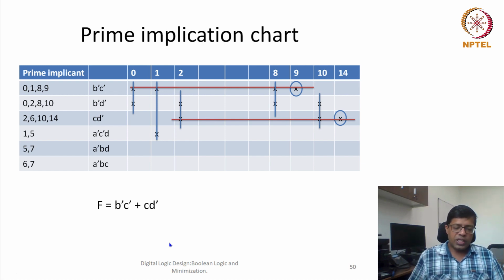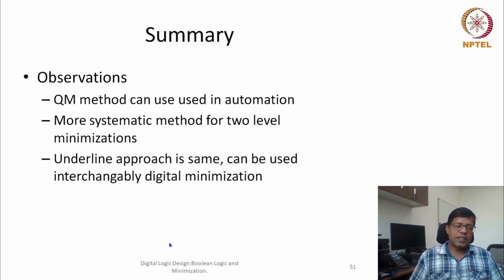With this we finished the QM method of logic minimization, and we can summarize that the QM method is more systematic because it is exhaustive in nature. You don't miss any particular prime implicant, and it is also systematic in finding essential prime implicants and doing the optimizations around that.